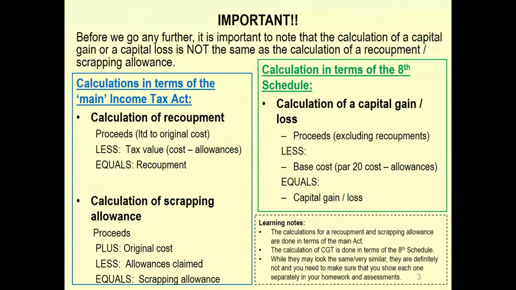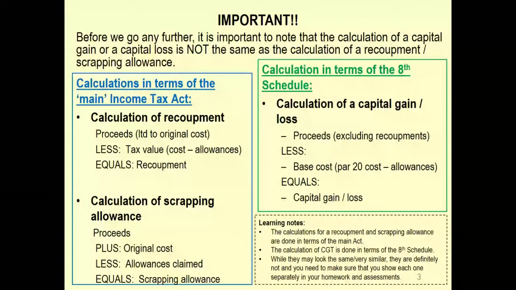So we are definitely not going to limit our proceeds for CGT to cost. What we can do with proceeds for CGT is we can reduce it with certain amounts. So if an amount was already subject to tax, like a recoupment, we will exclude it from our proceeds for CGT purposes. Okay. Happy, Courtney?